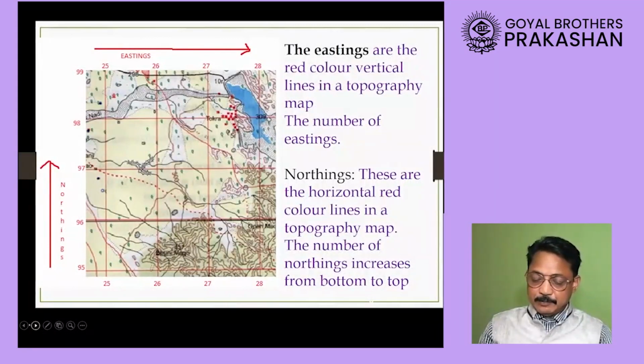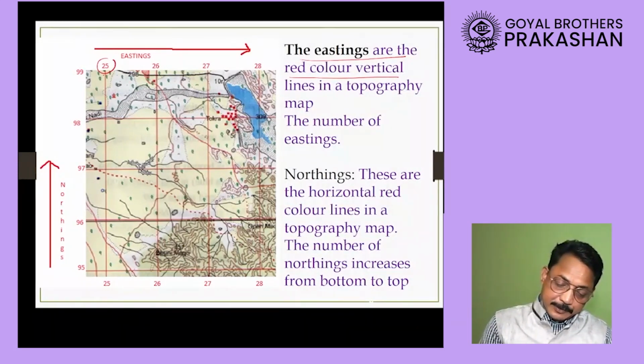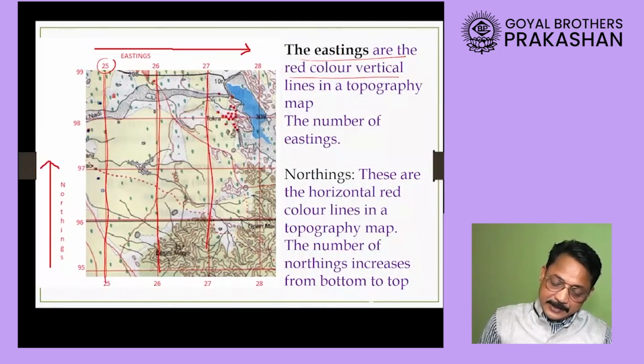Now look at this once more. Eastings are the red color vertical lines drawn on a topography map. What is 25, dear student, here? Correct, it's an easting. 26 is an easting. 27 is an easting.